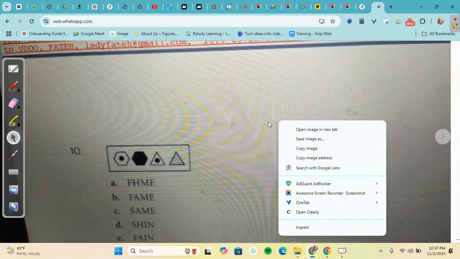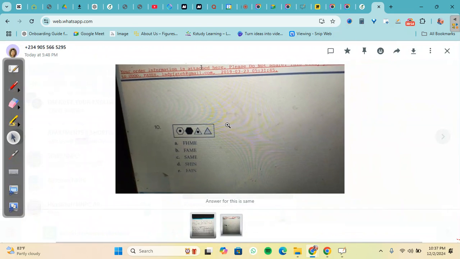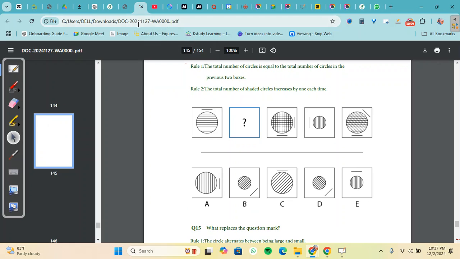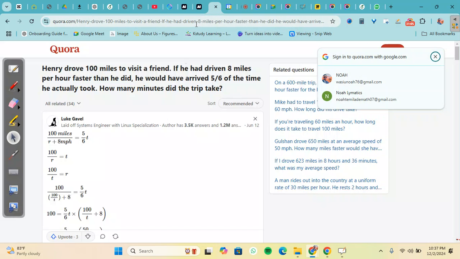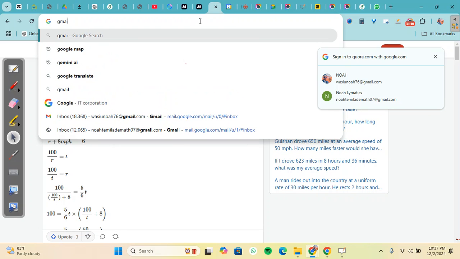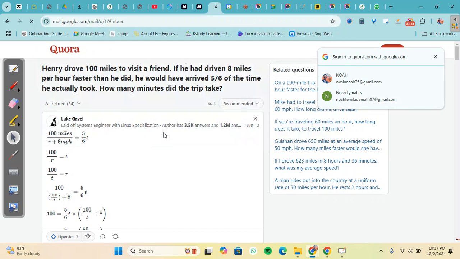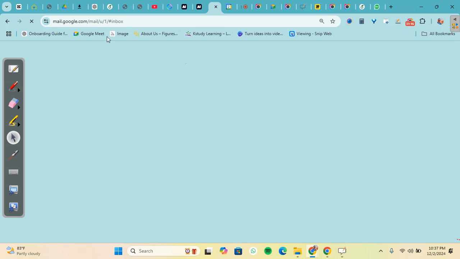Okay. It's from the second PDF. Let me show you guys. Should be from the second PDF. It's from the other PDF.